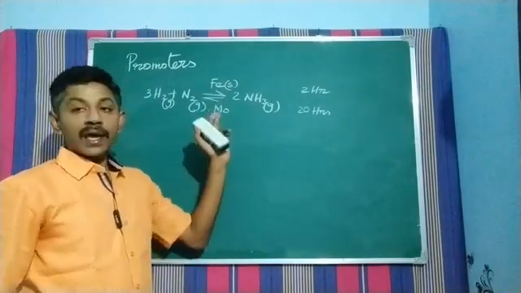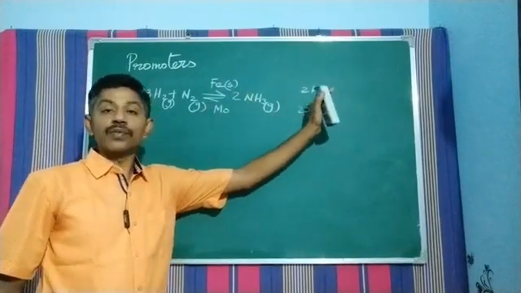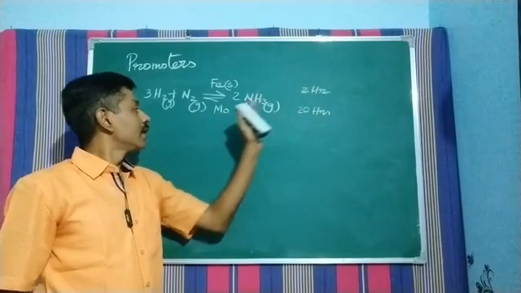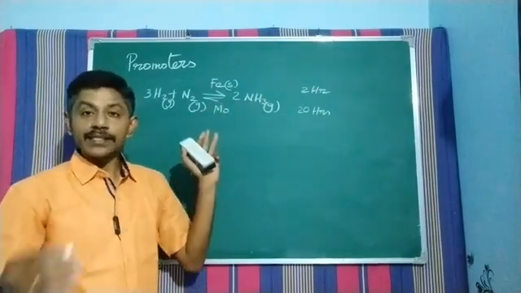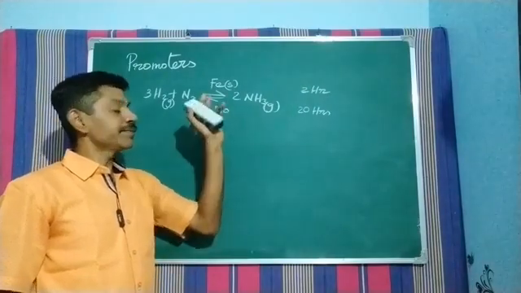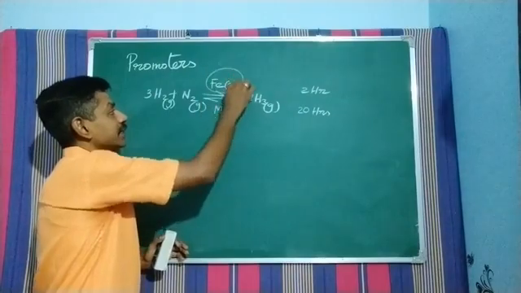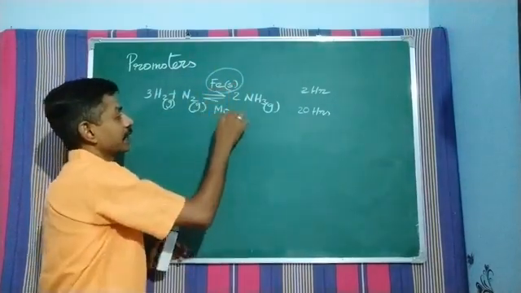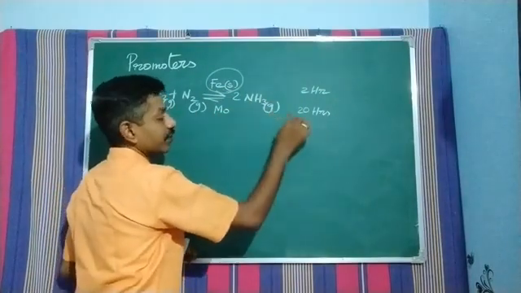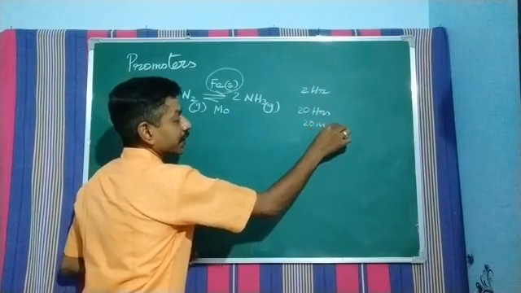Now already a catalyst is added that made the reaction proceed at a faster rate. At present we are adding one more substance, a second material. Now the second material, molybdenum, will increase the activity of iron, thereby the time of preparation of ammonia can be brought down to 20 minutes.